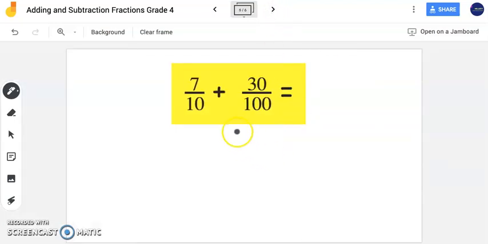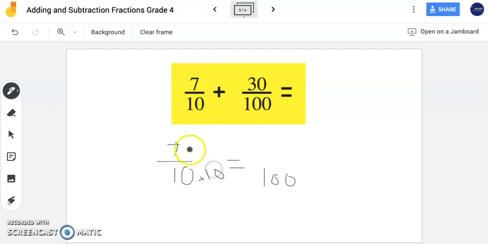In this problem here, I have 7/10 plus 30 hundredths. But I do know that 7/10, I think I can change this fraction to have a new denominator of 100. So let's find an equivalent fraction. Let's see, 10 times 10 is 100.